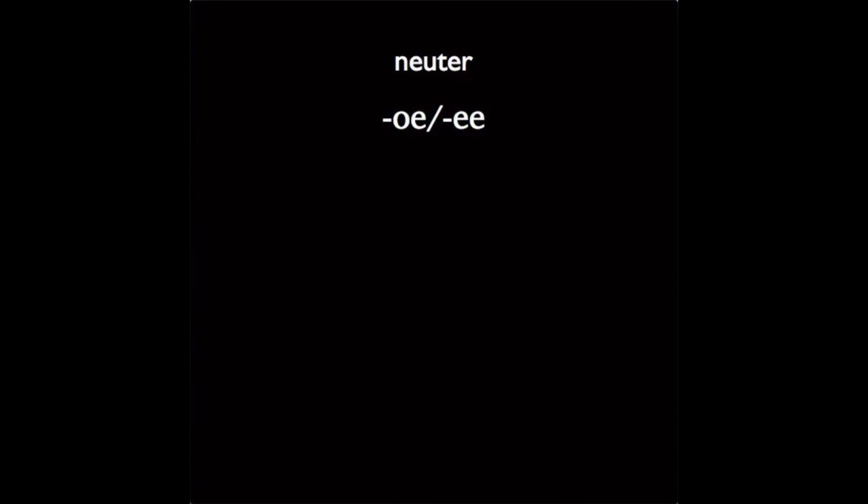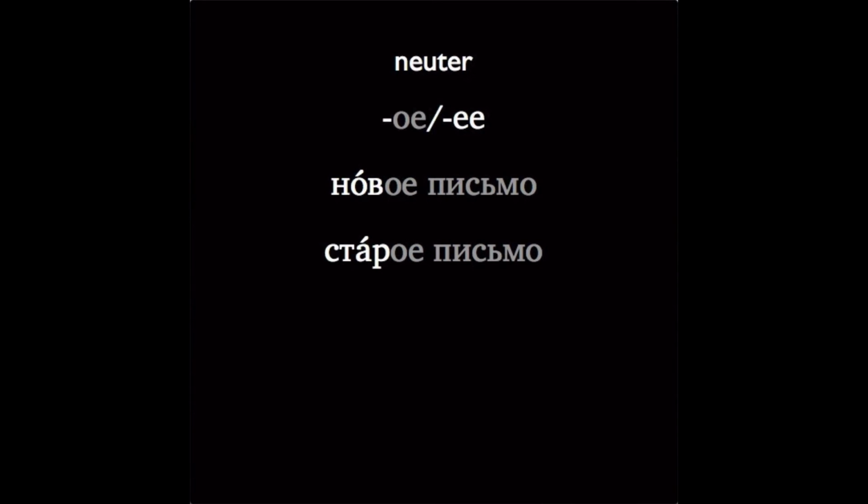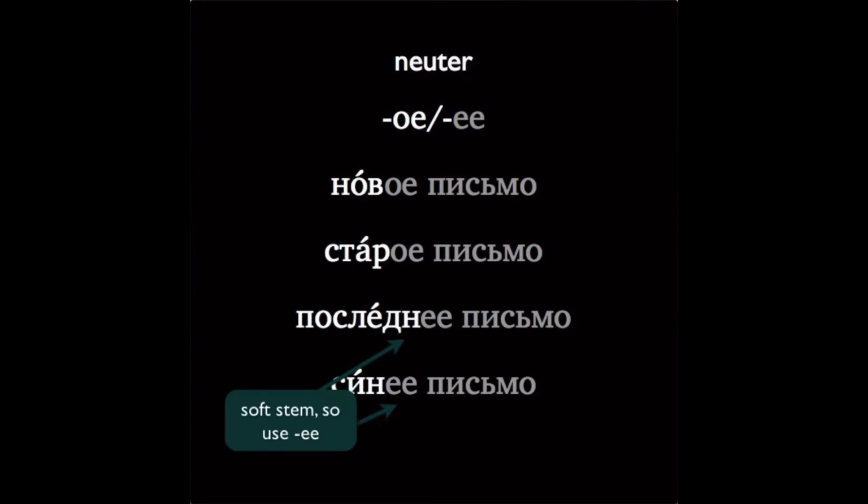For neuters, we'll use the endings ое or ее. And as before, ое will be used after hard consonants. Новое письмо, старое письмо. And ее is the spelling we'll need after soft stems. Последнее письмо, синее письмо. And for these, we'll also need to consider the 5-letter spelling rule.